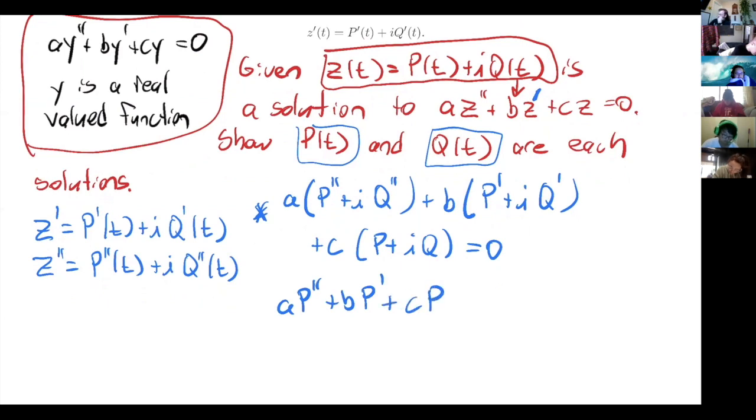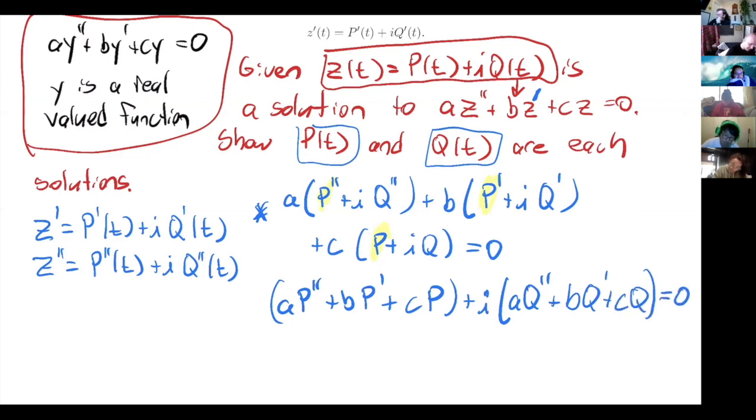And that takes care of this term and that term. And then I can add to that i times all of the imaginary stuff, which is a q double prime plus b q prime plus c q. And I know that all of this is equal to 0, right? Because again, we were given z is a solution.